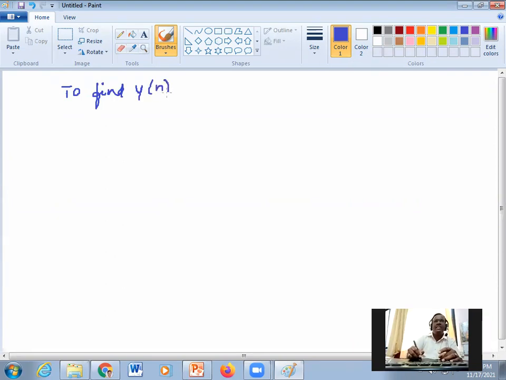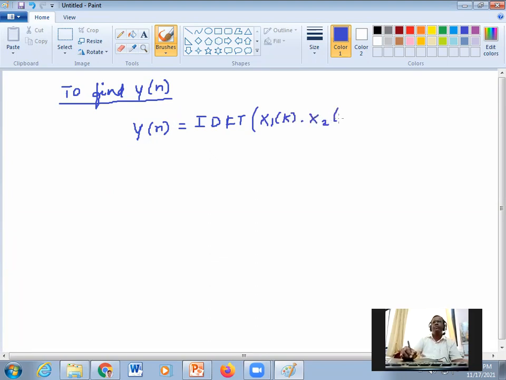y of n is a time domain function, so we need to find a circular convolution. So y of n is equal to IDFT of x1 of k into x2 of k. What is the formula for IDFT?